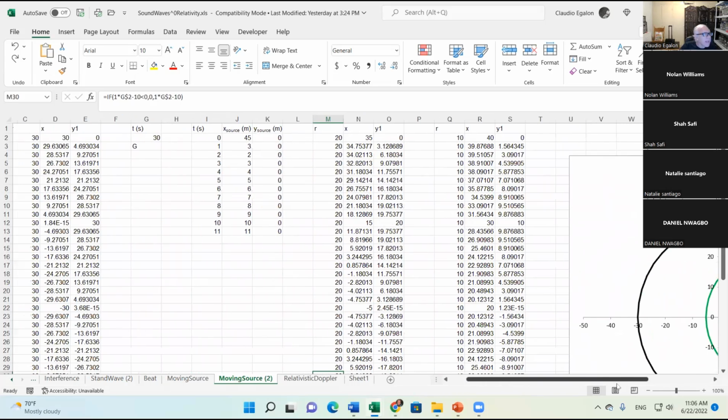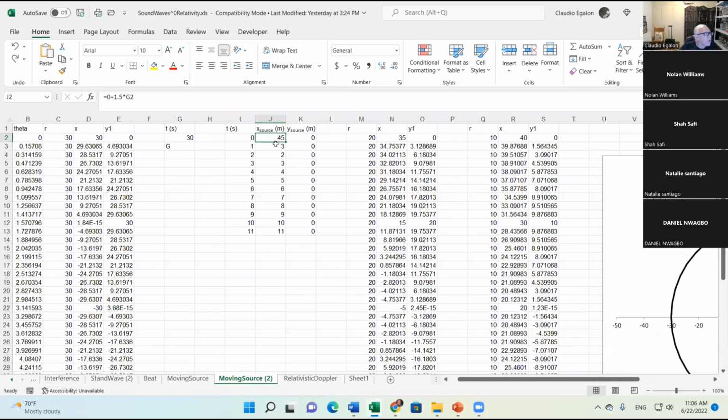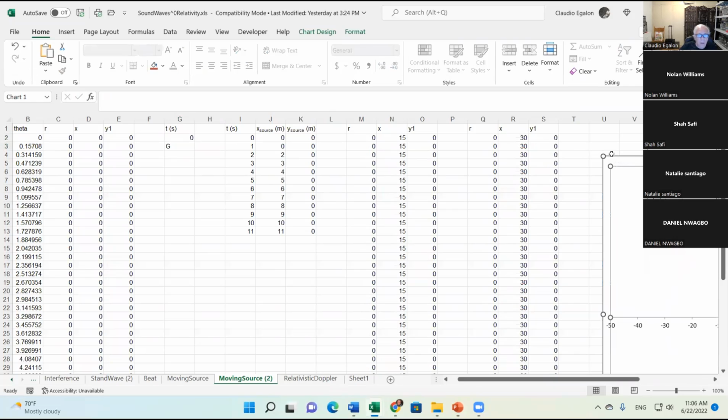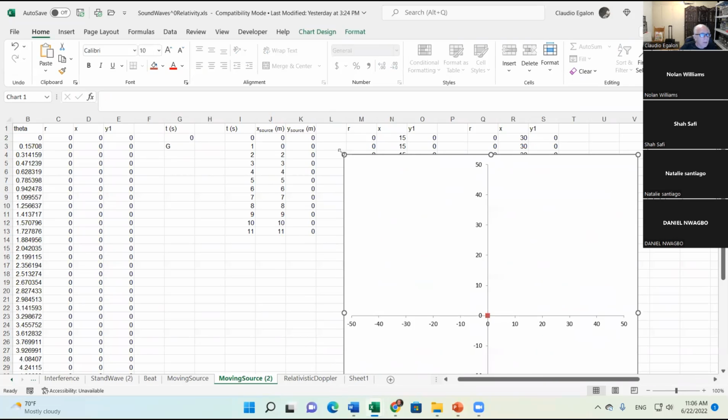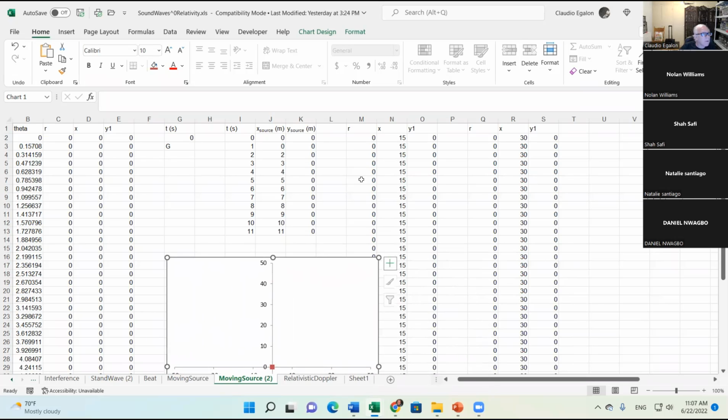Here you go. Now let's see, source, time t equal to 0. And the source is moving at 1.5 times the speed of sound.